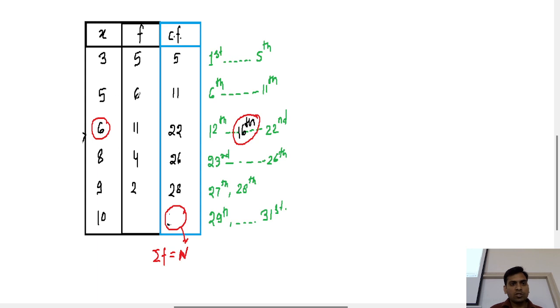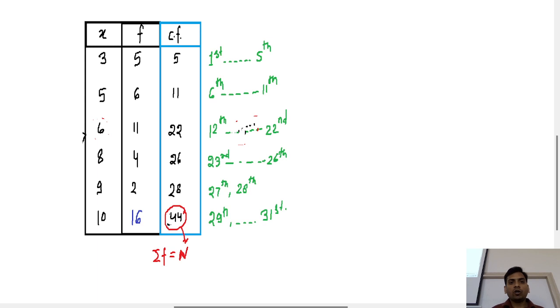Suppose this is 16. We are taking this frequency as 16. Now the sum is 28 plus 16, which is 44. Yes, so the summation is 44. So this summation's last value is 44.